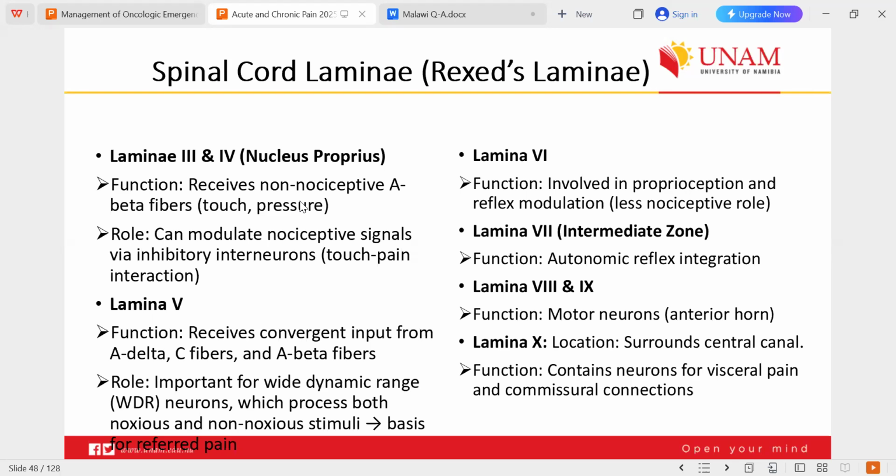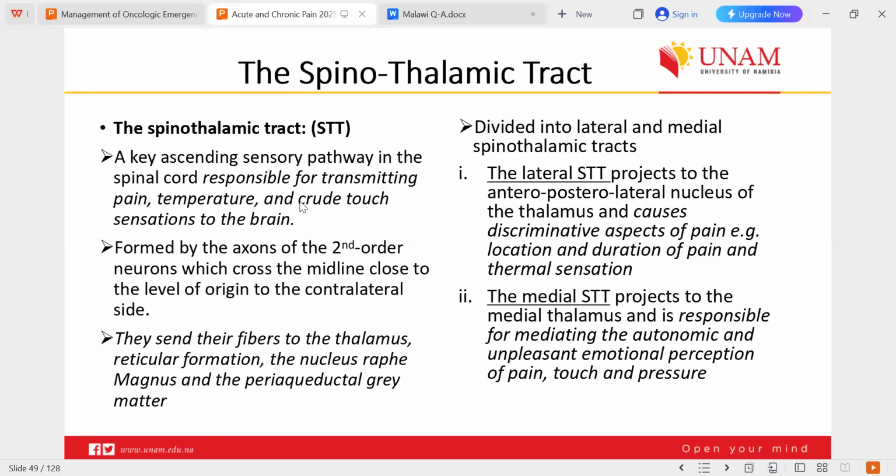Lamina 6 is involved in proprioception and all that. Okay, because of our time, lamina 10 surrounds the central canal of the spinal cord, and contains neurons for visceral pain and commissural connections.